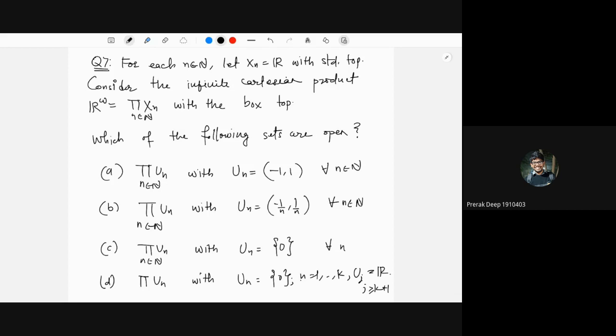In this case, what is that respective topology? It is R with the standard topology. So it has to be open for each n in R. That is simply what it means.